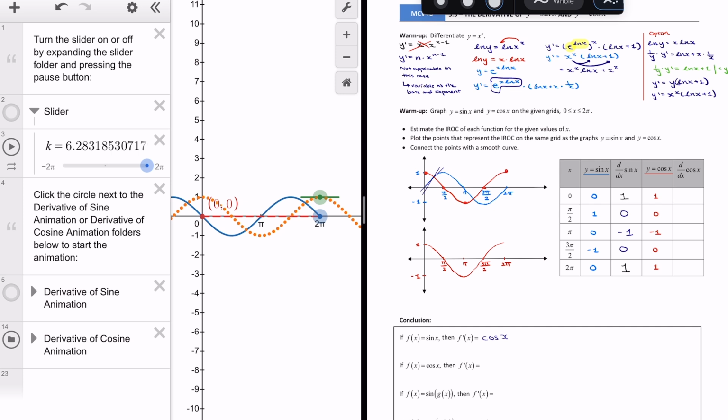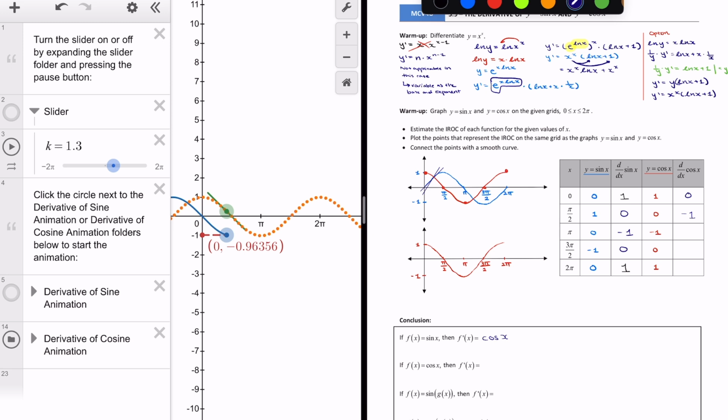And so now we fill in our graph here, again for the derivative of cos x. We see that at 0, it started at 0. And then when it went to pi over 2, it was at -1.